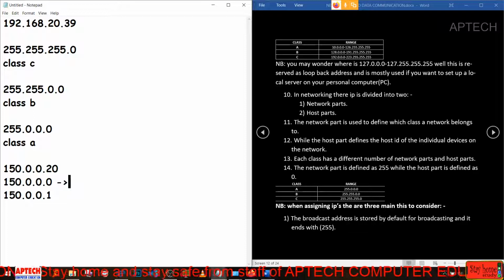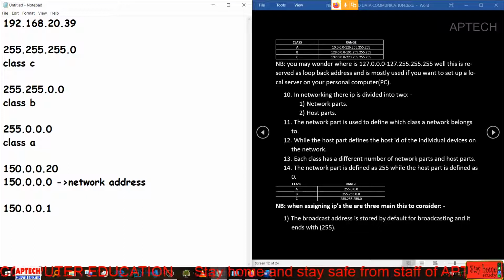The network address. And .1 is the first IP. So 150.